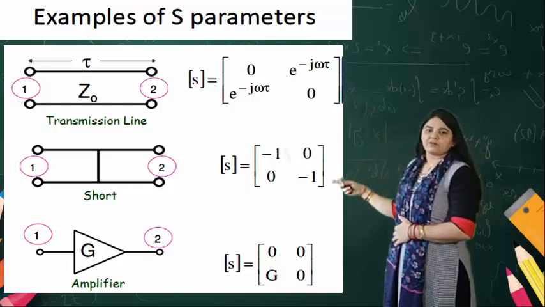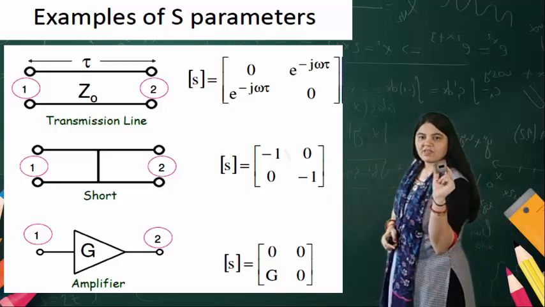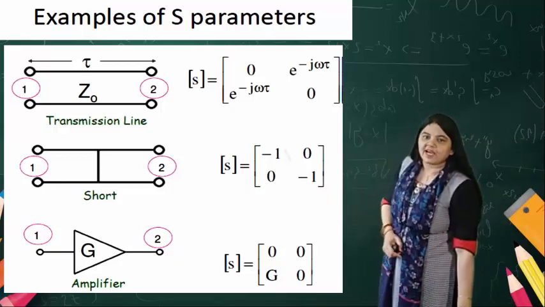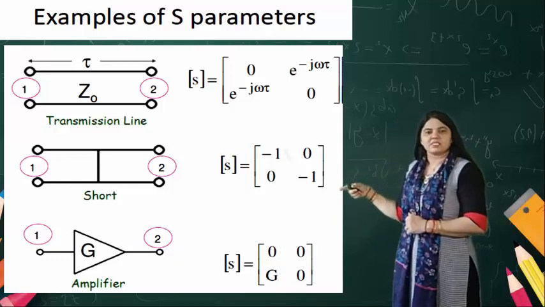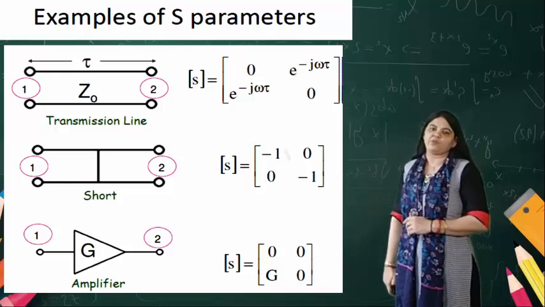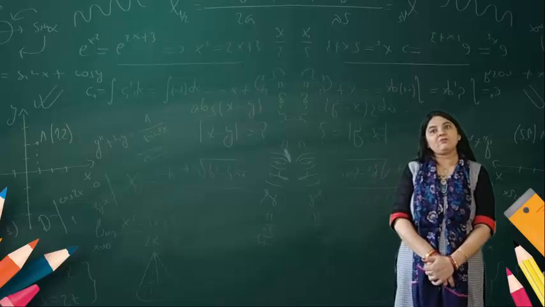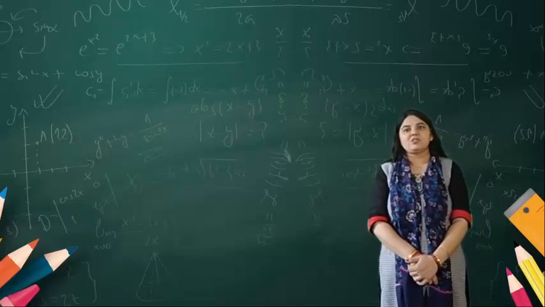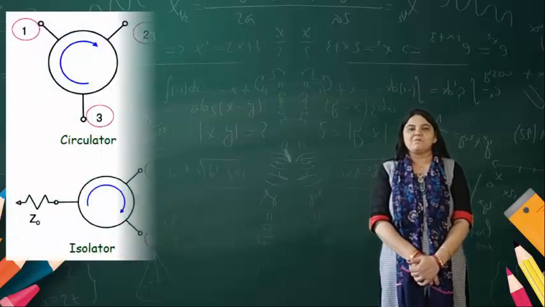This is the short, the matching short. Then for that the S parameter is this, and for the amplifier, the S parameter value is this. So this way we can have the idea about the S parameter for any of the components.